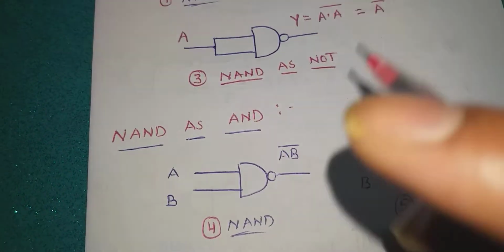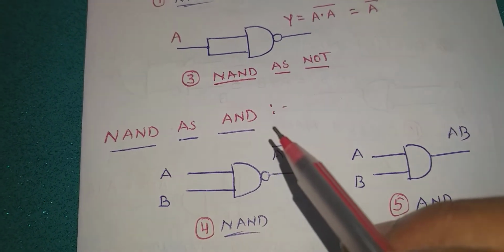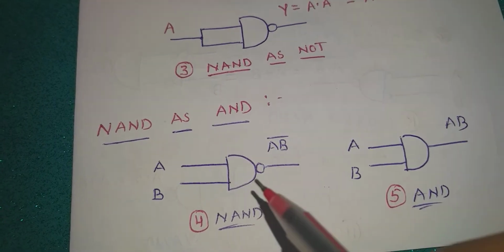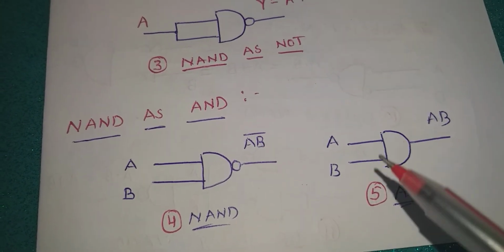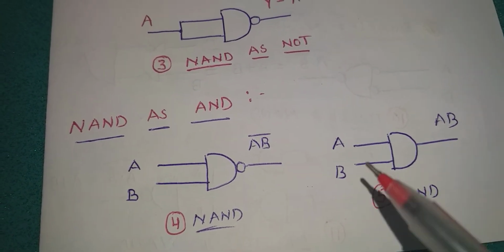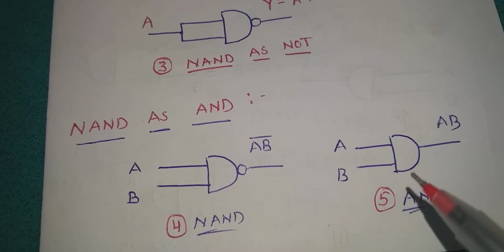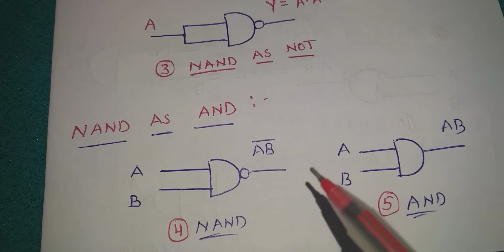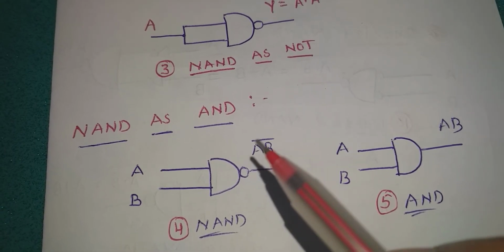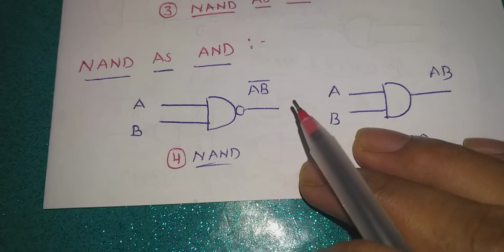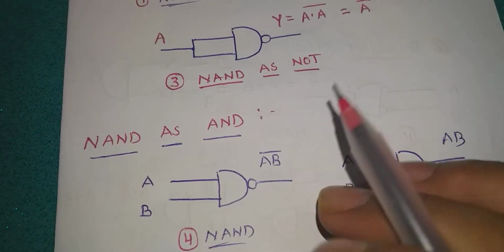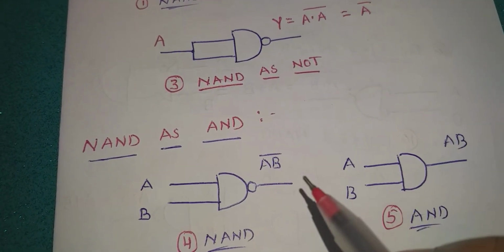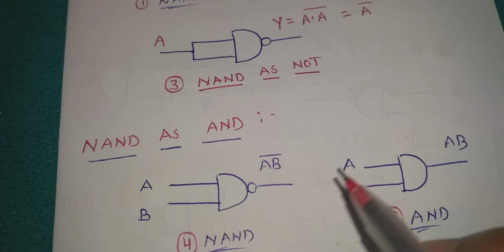Now, let us look at NAND as an AND gate. Once again, this is the logic symbol of a NAND gate. We know that this is the logic symbol of an AND gate. Now if you observe the AND gate output A into B, if you add an inverter here, then the complement is going to be cancelled. Therefore, we are going to implement NAND as an AND gate just by adding an inverter in this place.